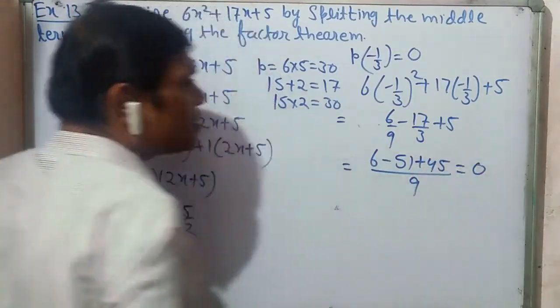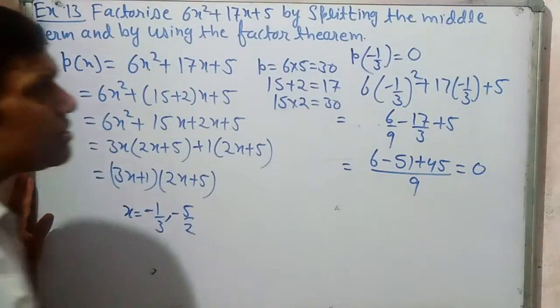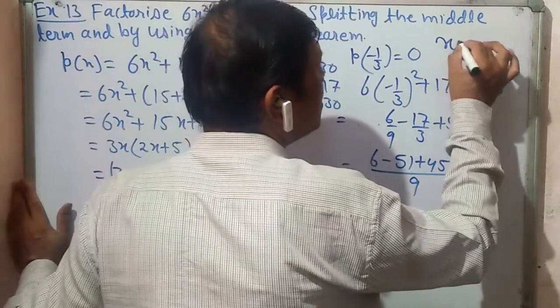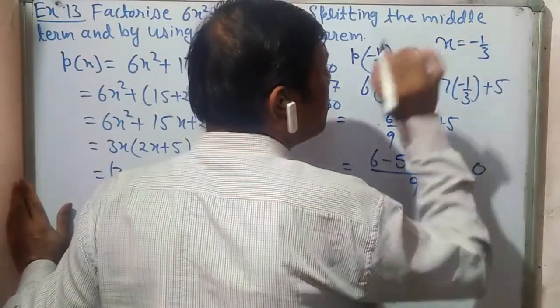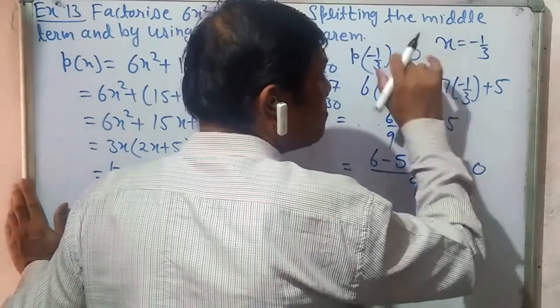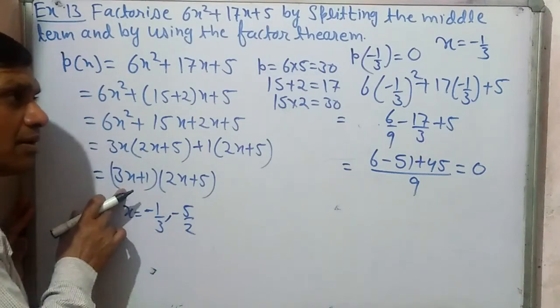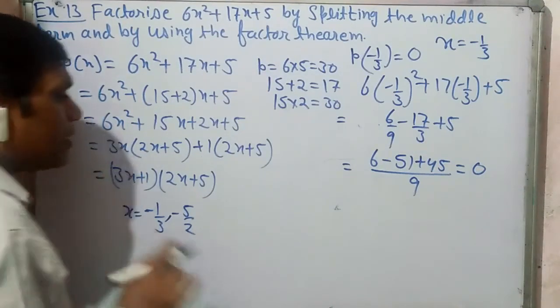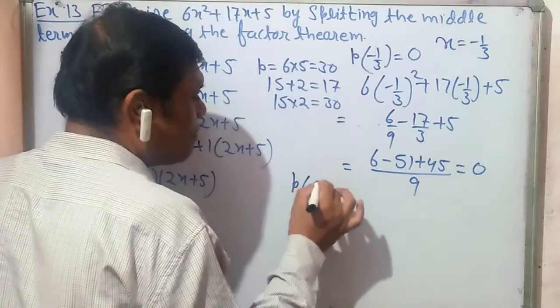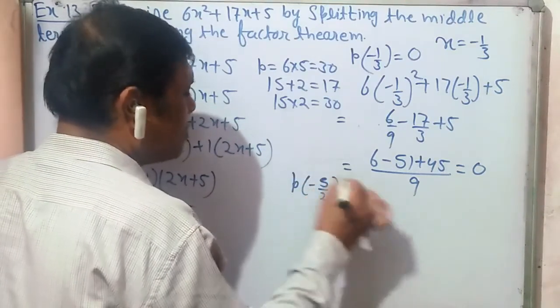Is this giving us 0? That means x equals minus 1 upon 3 is a zero, so 3x + 1 is a factor. Similarly, you can verify that the polynomial's value at minus 5 upon 2 will be 0.